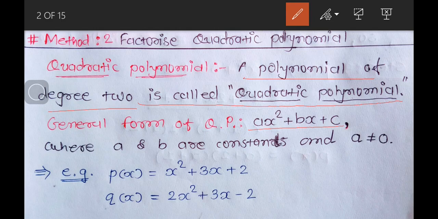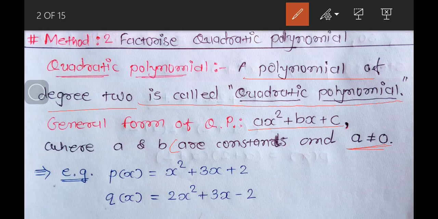Here a, b and c are constants, and we note that a does not equal 0. A can never be 0. If you put a equal to 0, then the first term a into x square is 0, and the remaining part bx plus c is the form of a linear polynomial. So we always note that a does not equal 0.